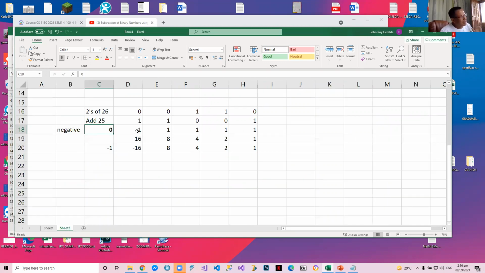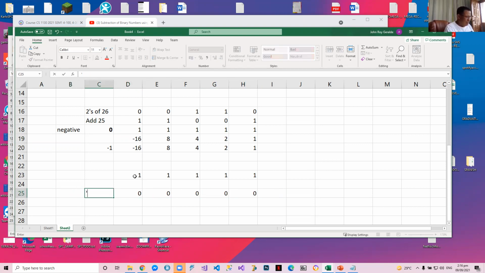When we know that a number is in 2's complement form, and we know that the MSB is 1, to compute the value, we just do this. Otherwise, it will be a longer process. To convert this to 1's complement again, we convert the bits to 0. This is the 1's complement of the answer.